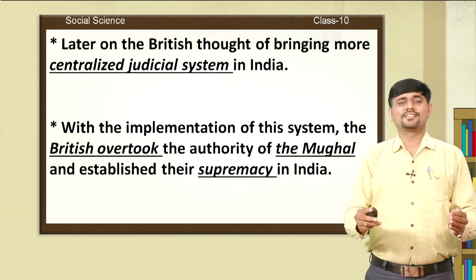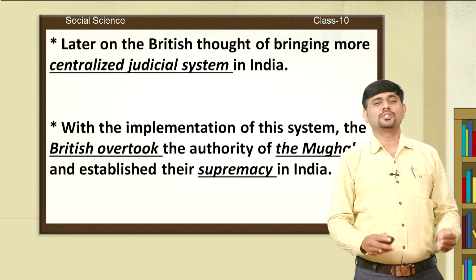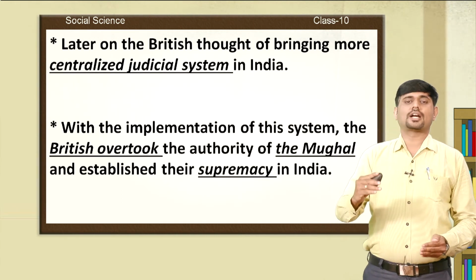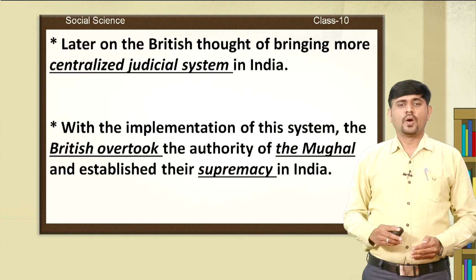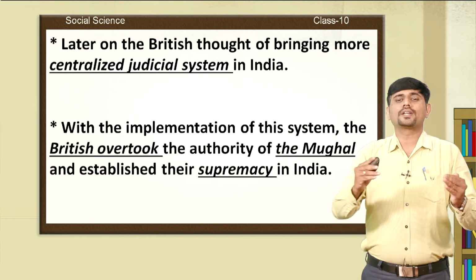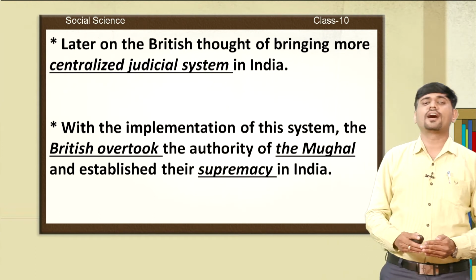My dear students, later on the British thought of bringing a more centralized judicial system to India. Step by step, the British started to improve the judicial system in India. With the implementation of this system, the British took over the authority of the Mughals and established their supremacy in India.